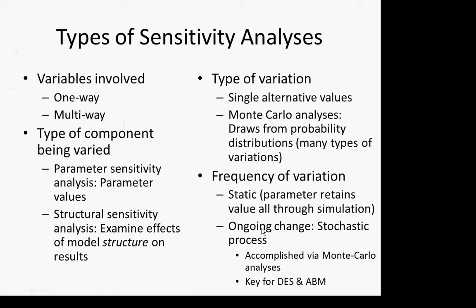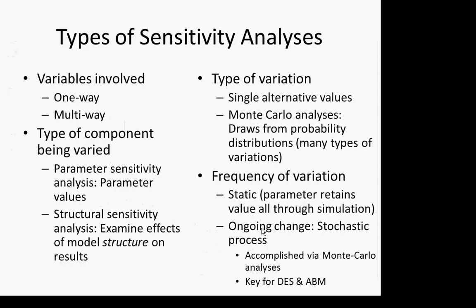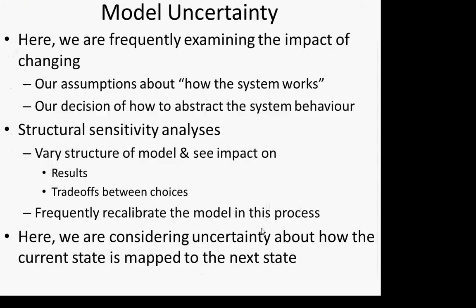There are many types of parameter variation experiment, and I'm not going to be able to do justice to them. We can taxonomize them in many different ways. They include, for example, whether you're doing it with respect to parameters, so assumptions encoded with parameters, or doing structural sensitivity analysis with respect to the impact of model structure on the results.